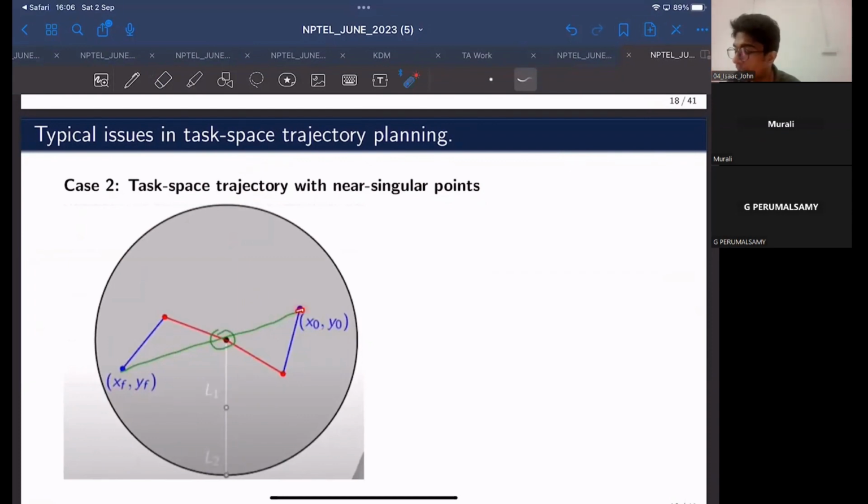If you are planning a trajectory, and the straight line interpolation is forcing the robot to go through a singular location, then that is not good enough. It can have a lot of potential adverse effects. So that is another aspect, task-based trajectory with near singular points.